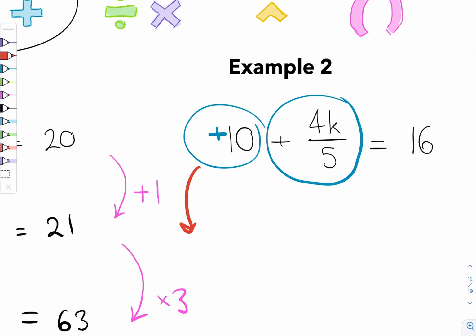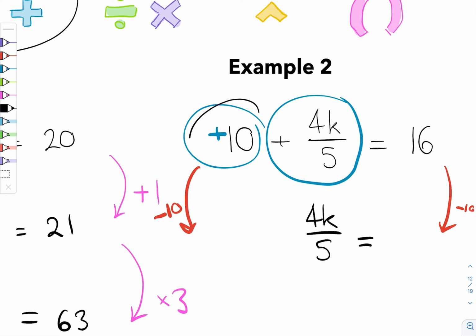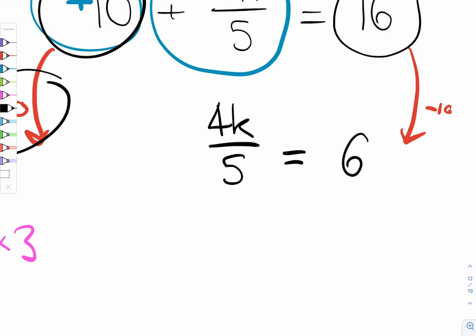So the opposite here would be to subtract 10 from both sides. That leaves me with just the fraction component all by itself on the left-hand side of the equals, because positive 10, negative 10 becomes a 0. And there's no point of having plus 0 on any side of the equation here. So that can just disappear. 16, to take away 10, leaves me with 6. Now we're down to here.